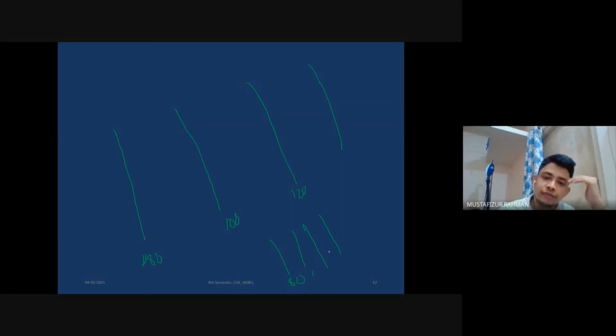The vertical distance is the same in both cases, 20 meters, but the horizontal distance is much smaller in this case. Here the ground is changing slowly, the slope is like this, but in this case the ground is changing quickly, the slope is like this. These things come from the spacing of the contour lines.